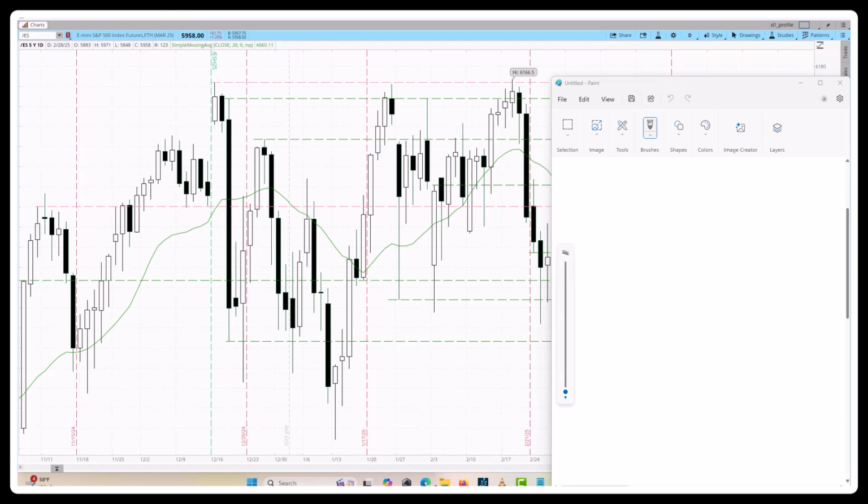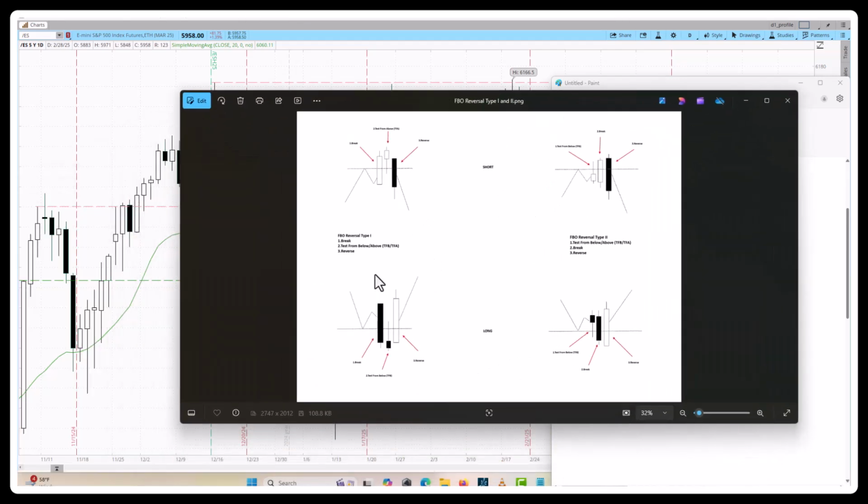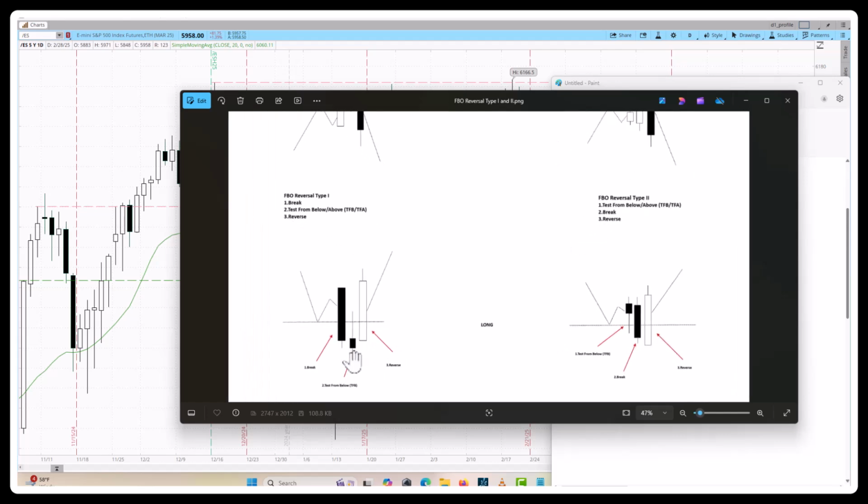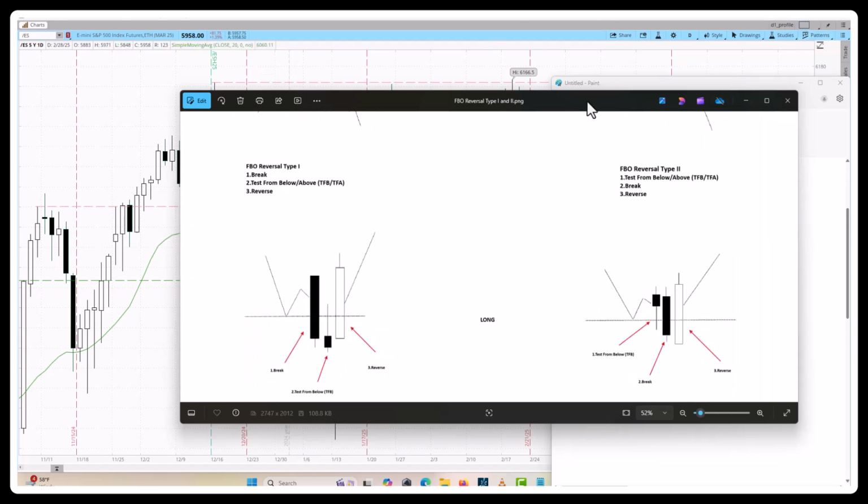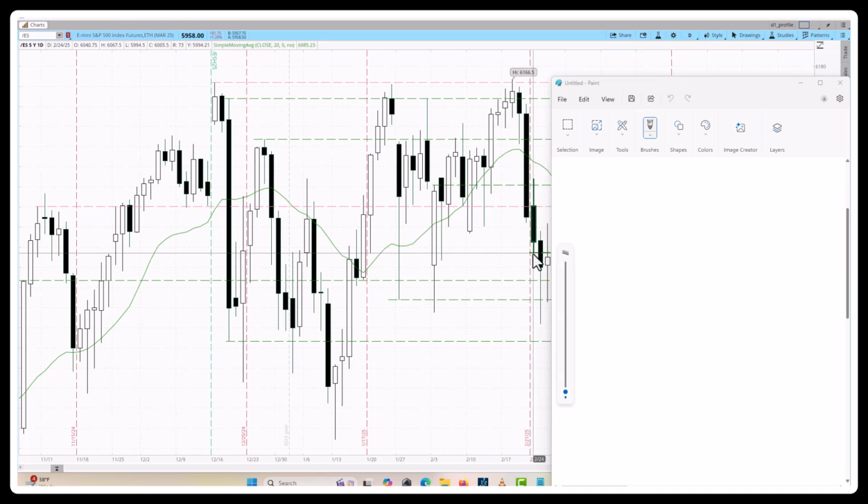So where is our type 1 reversal? Here's our type 1 reversal, right here. See that? Break, test from below, and reverse. So that means right here, it will test, take a look at the ball, you see that? Break from below and reverse. It can be a reversal on Thursday.